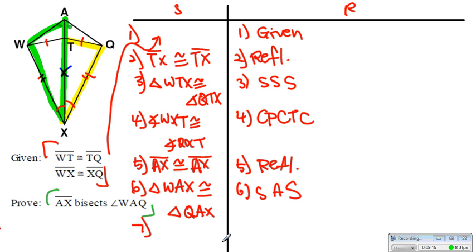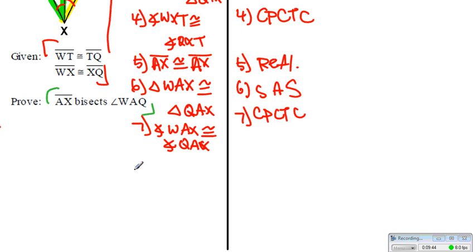Now, statement number 7, we could say the angle WAX must be congruent to angle QAX. That reasoning must be, once again, CPCTC. Then, if you want to go further, statement number 8 can be written as AX bisects angle WAQ.